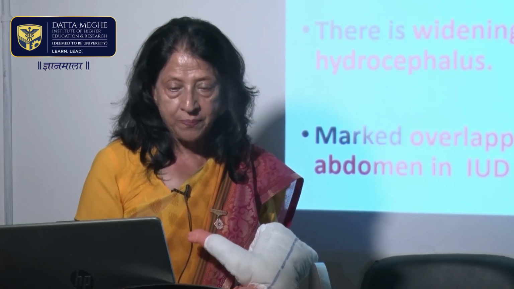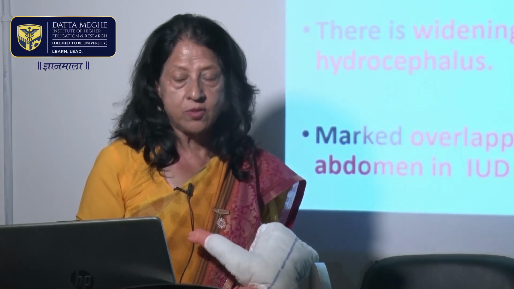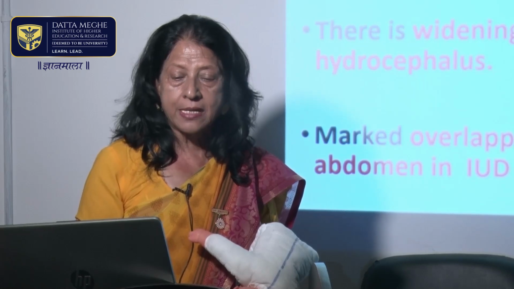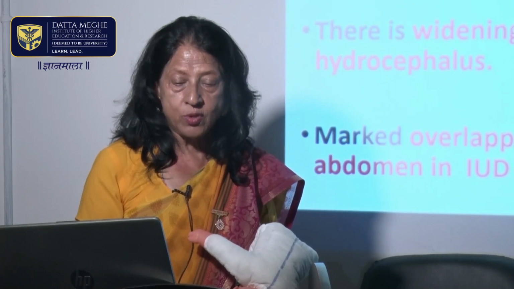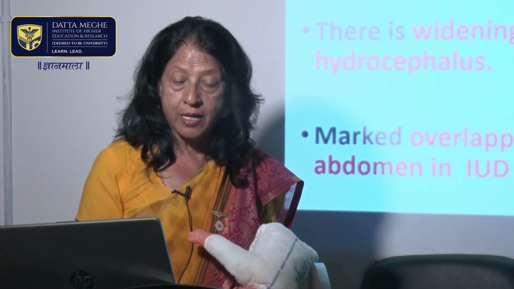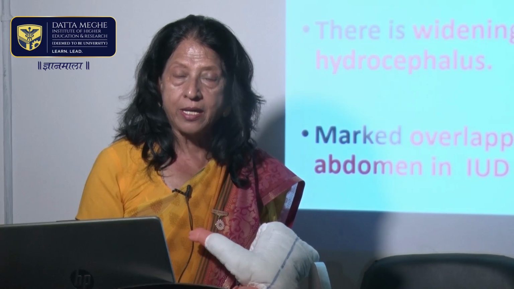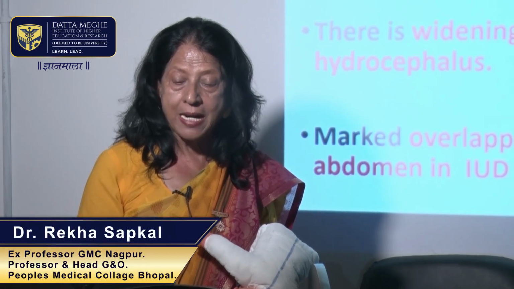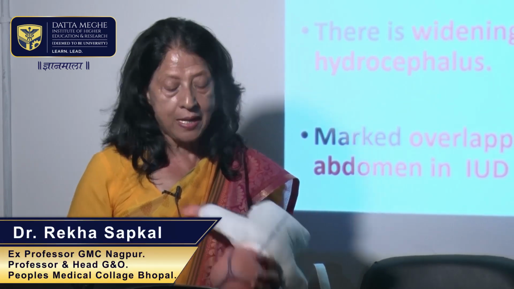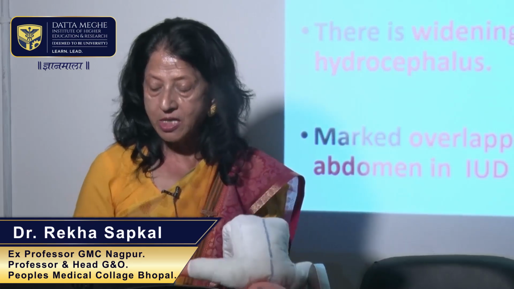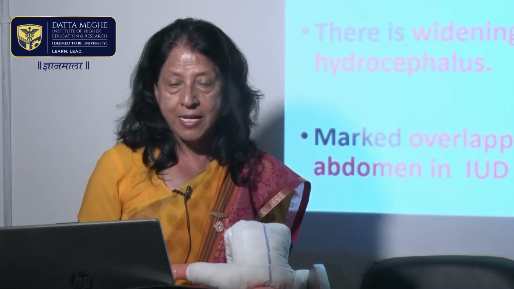There is widening of the suture in cases of hydrocephalus. On X-ray, nowadays we do not do X-rays, we follow other investigations like sonography, but in intrauterine death, one sign is known as Spalding sign, where there is overlapping of the skull bones over each other. That is the Spalding sign on X-ray.